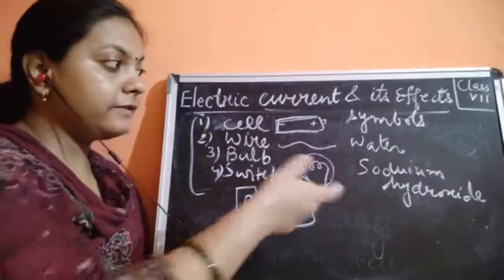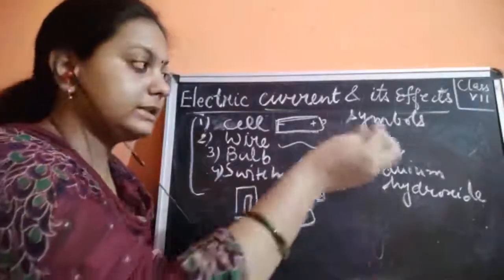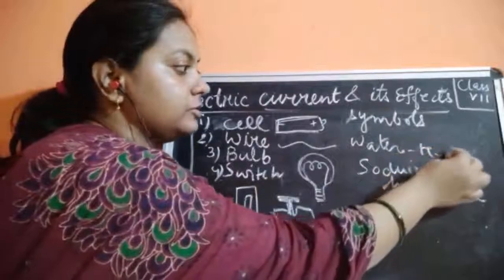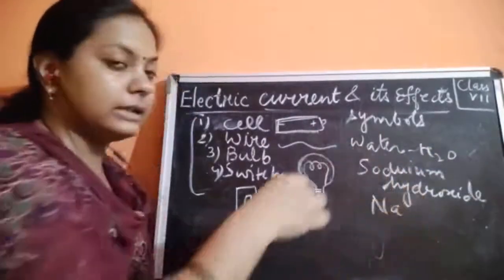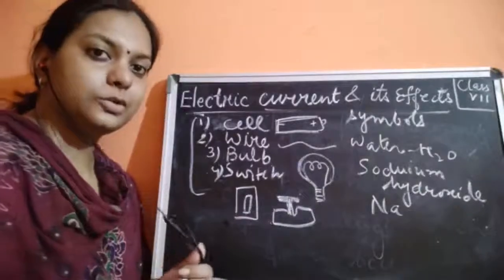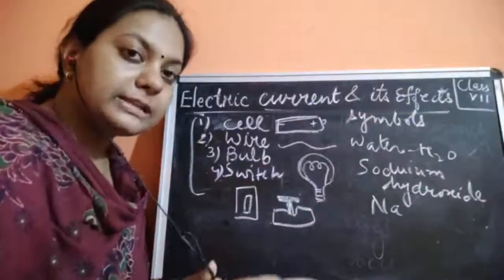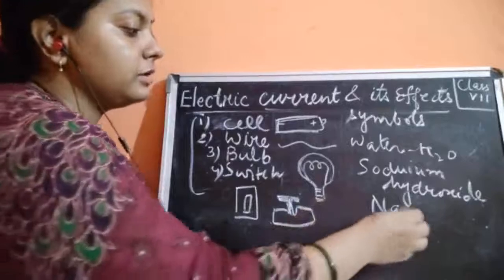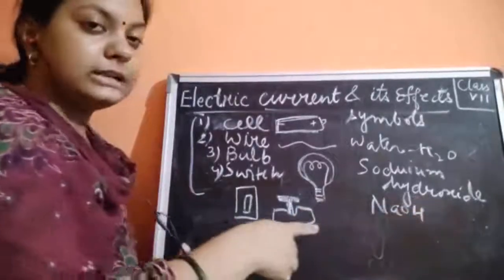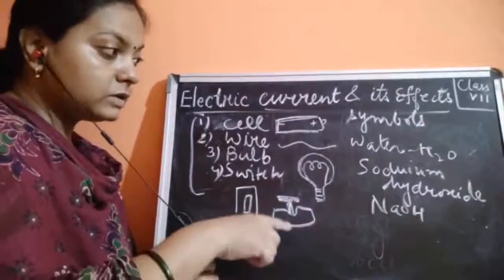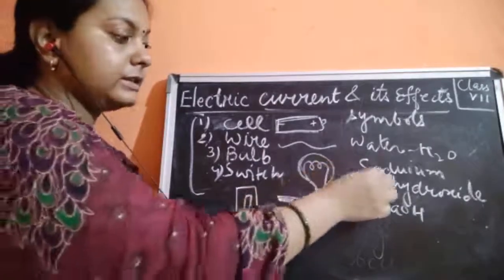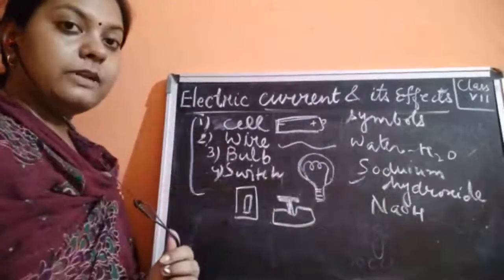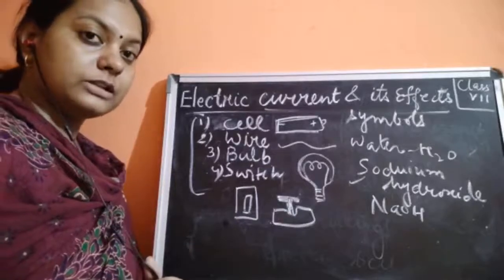We have found out the formulas for writing these: water as H2O, sodium as Na, magnesium as Mg. Okay, so why are we using these symbols? It is very simple: because of writing the formula, we are consuming less time. For writing such a long spelling, we are going to consume the time.